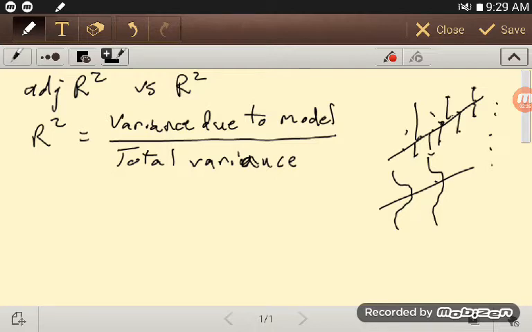So r squared is just really a percentage, you can think of it that way, of how much of the variance in the data is explained by the line we had picked. And so, r squared of 0.9 is really nice.